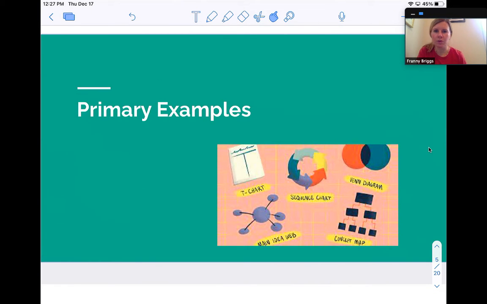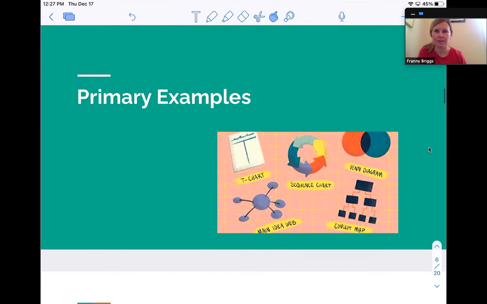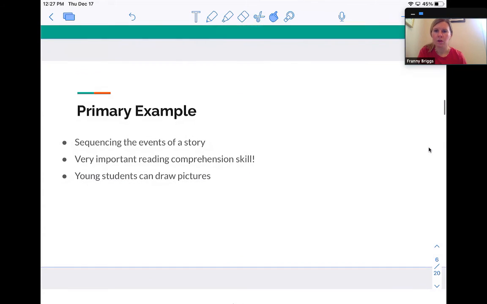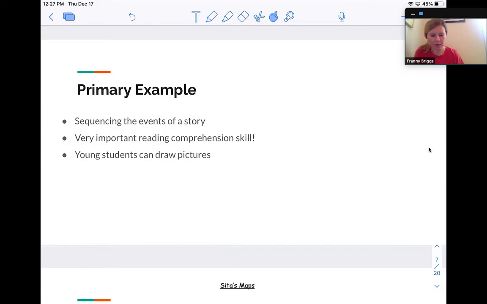Okay, so first we're going to talk about some primary examples. So in primary, you could be sequencing the events of a story. That is a very, very important reading comprehension skill.